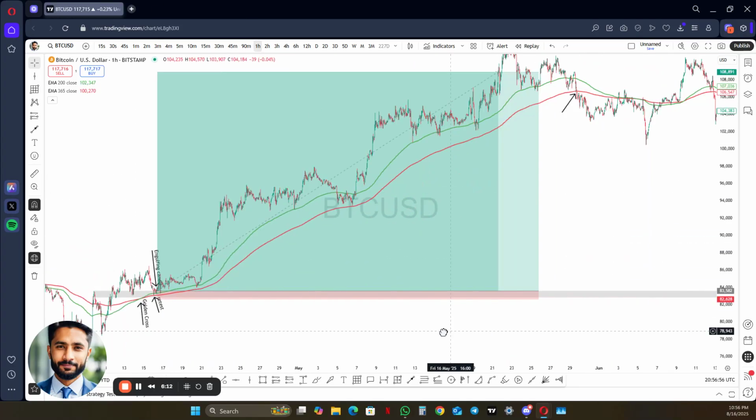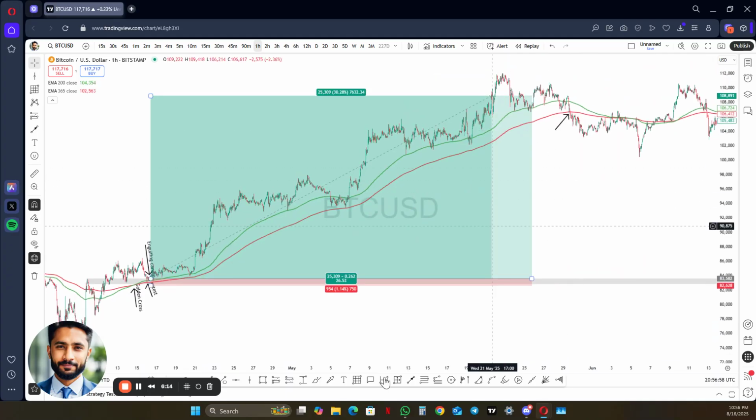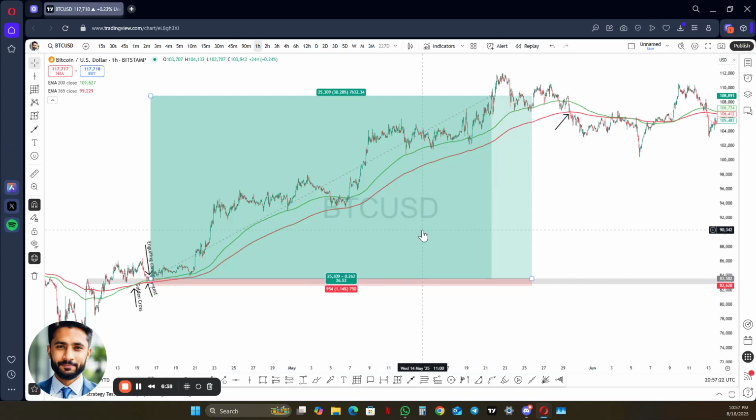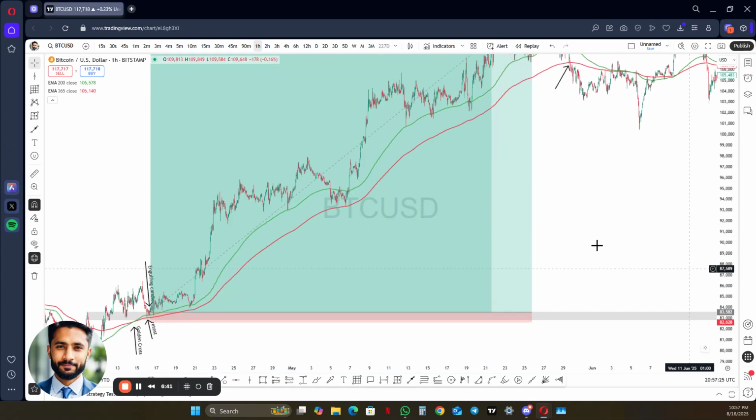But if you pay close attention over here, this trade went from here to here, and this was almost how many days? 43, 44 days. So a 1 hour bull cross of EMA 200 and 365 will give you a month-long swing trade and at least 10, 20 or even higher RRs.